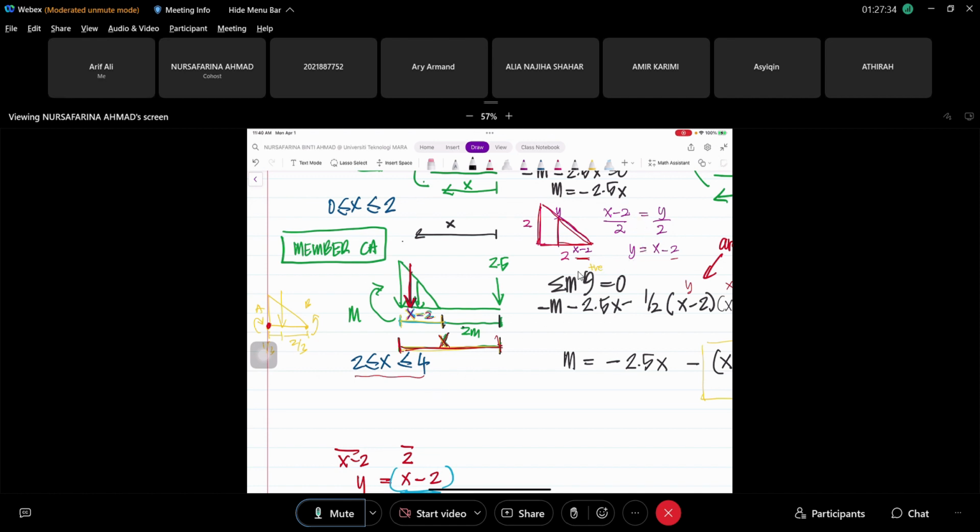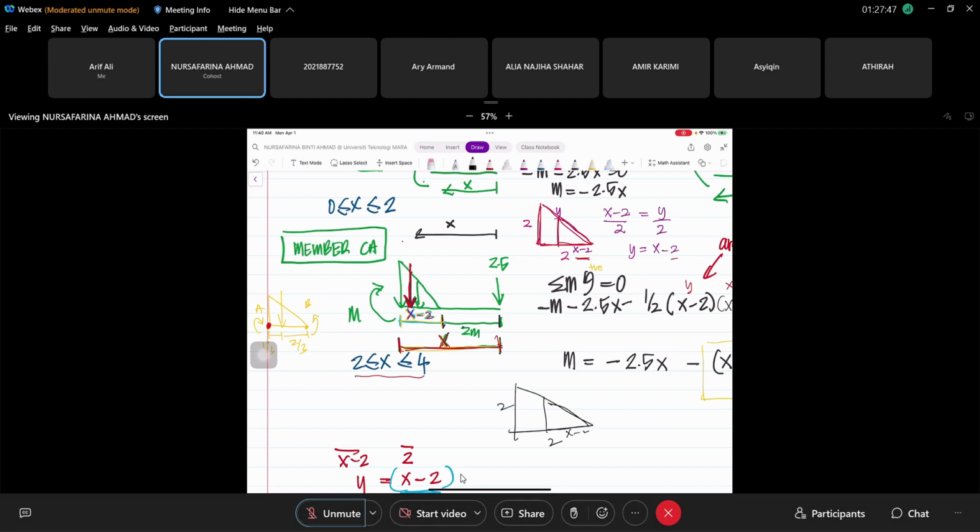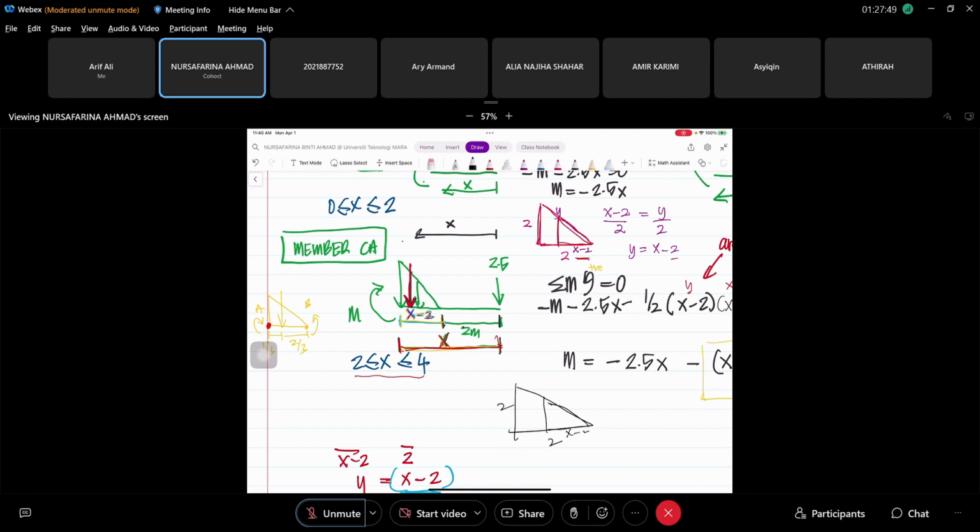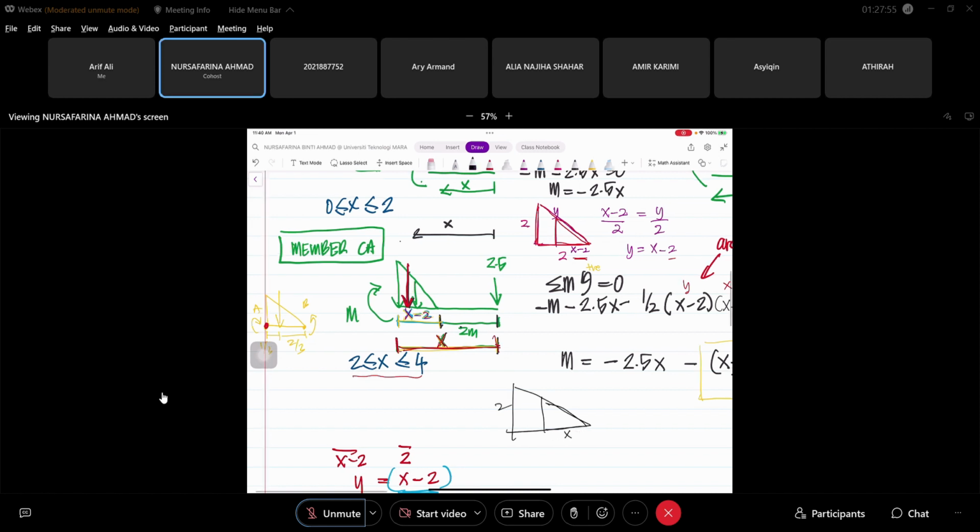Betul lah. So, you akan ada triangle yang besar. You tahu 2. Sini 2. So, you hanya ambil kat sini. Kecil adalah X tolak 2. Dia bukan macam simplify X minus 2, sebab you tak boleh ambil sini sebagai X. Macam ni you nak ambil sini X? Sini 2.